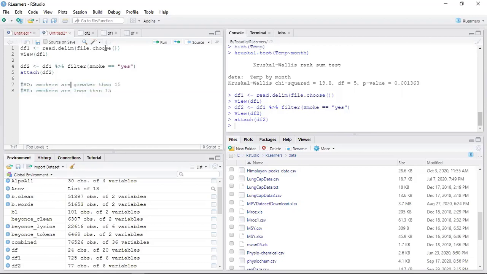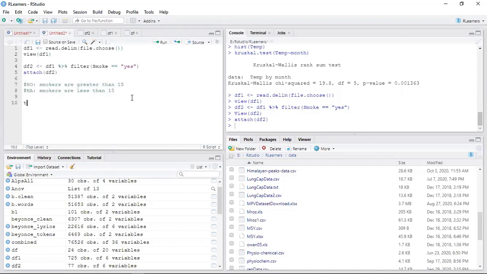So we want to check whether smokers are greater than 15. So our null hypothesis is that smokers are greater than 15 years of age, or smokers are less than 15 years of age. So let's do a t-test.